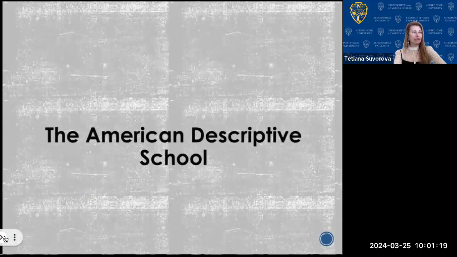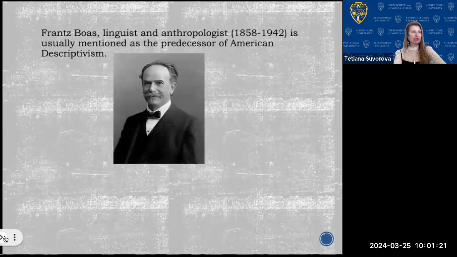Okay, so then American descriptivism. Here we can speak about descriptivism and Franz Boas, linguist and anthropologist. Also very important to mention in respect of theoretical grammar, because here we can speak about the beginning of generative grammar and so modern grammars, and cognitive grammars.